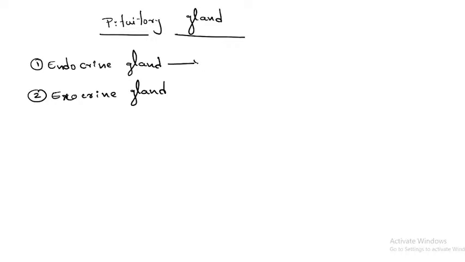Endocrine glands are ductless glands. The cells secrete directly into the interstitial fluid and then to the blood.